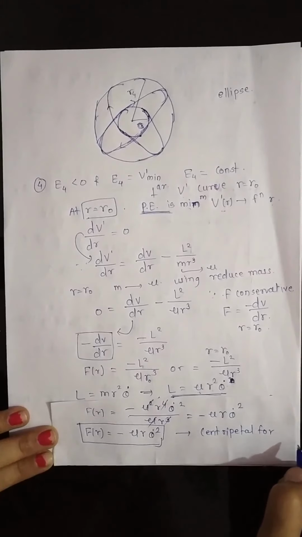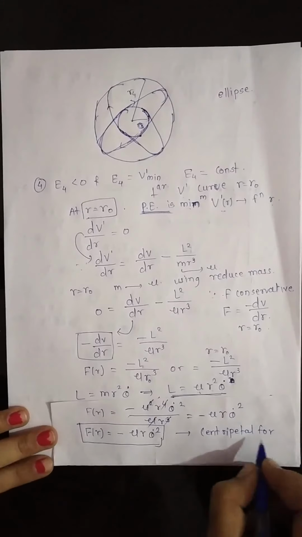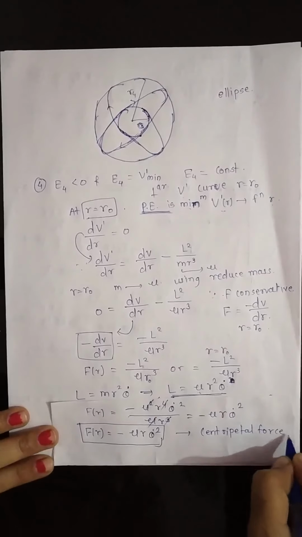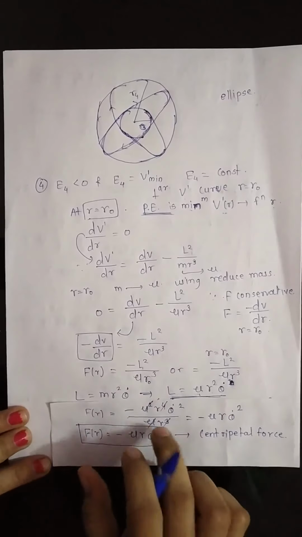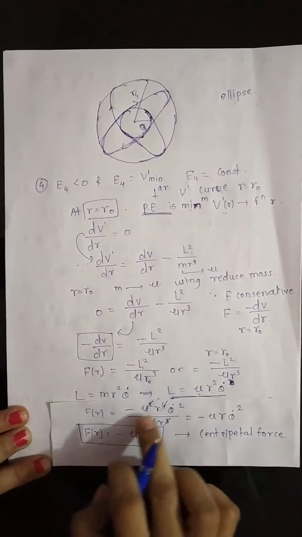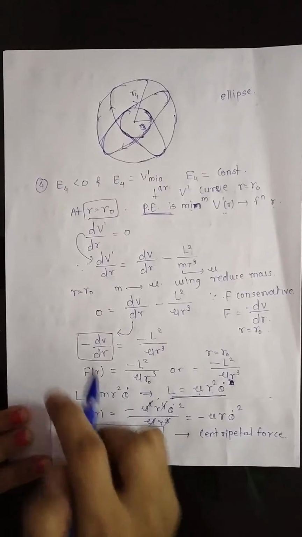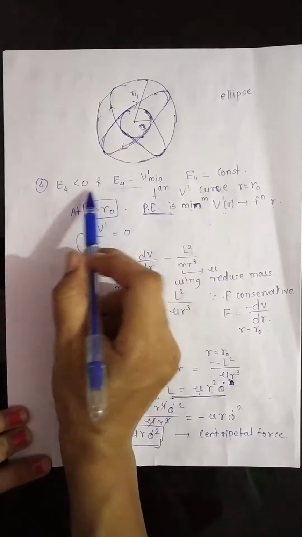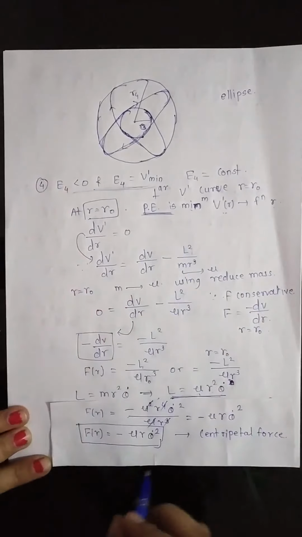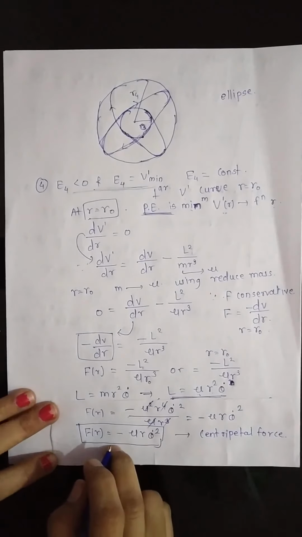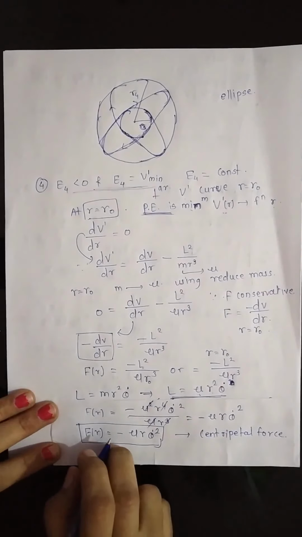To obtain circular motion around the center of force, this centripetal force is necessary. So under this condition, the path of the particle is a circular orbit. Means for this condition of energy, the particle will follow the path which is known as a circular path.